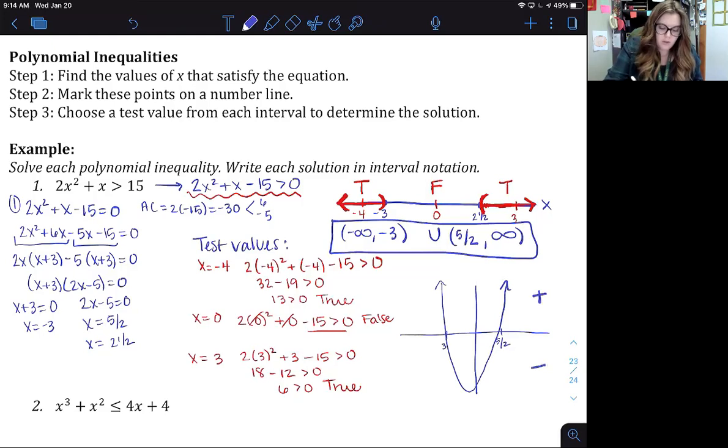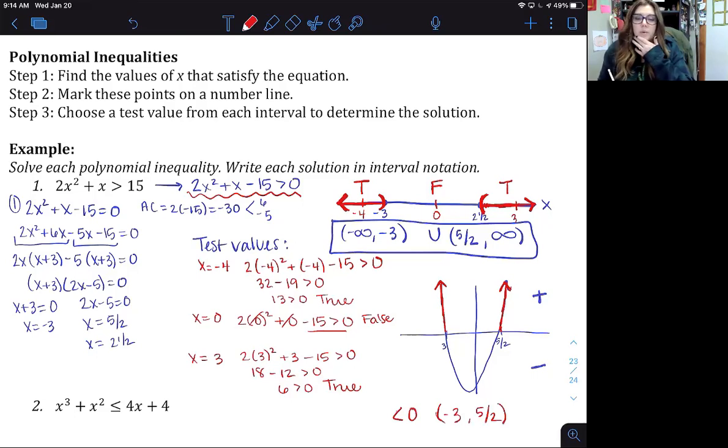So these intervals we just found are this part of our graph. So that is another thing we could have done. We could have just graphed this function and determined, okay, here are our x-intercepts, and this is where it's going to be above. If it wanted to know the negative, so less than 0, it would have been from negative 3 to 5 halves.